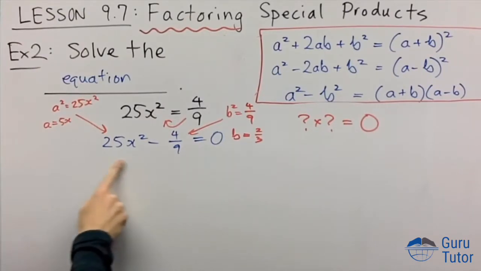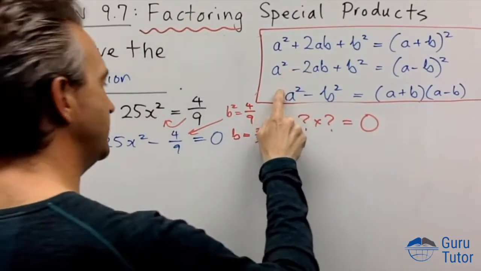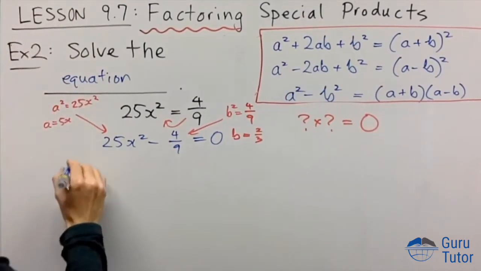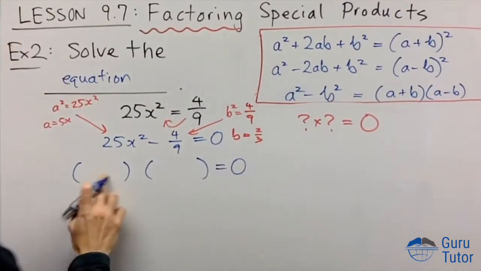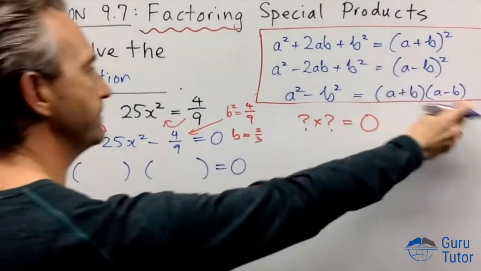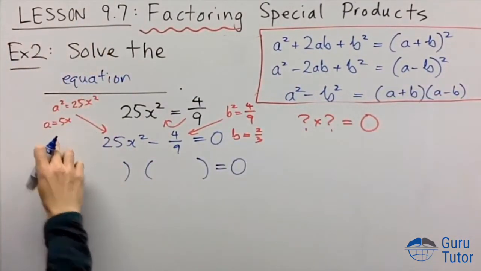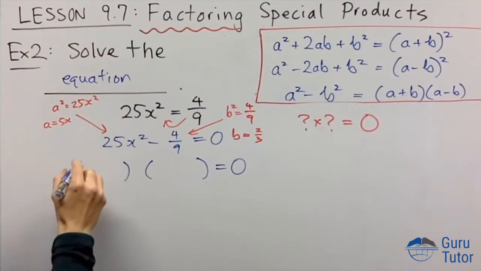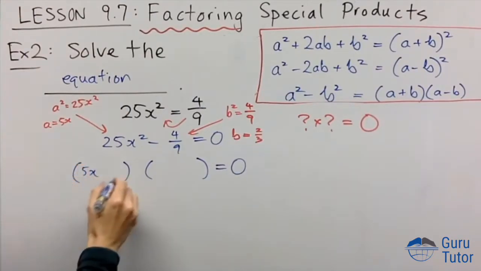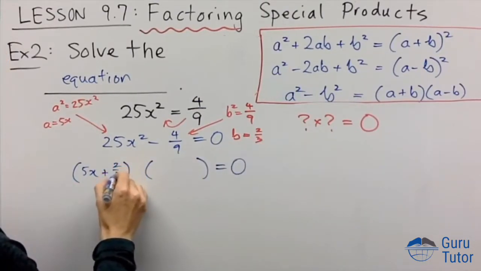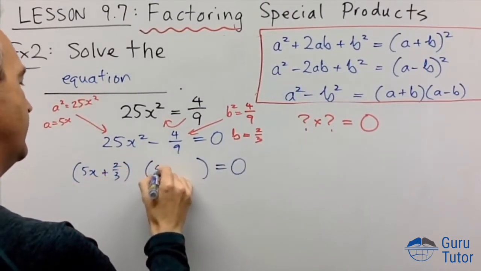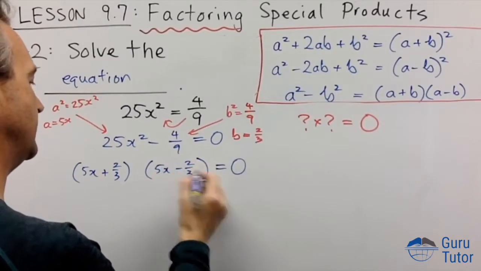We said that looks like this one, doesn't it? So this is going to factor to a plus b times a minus b. A is 5x, so 5x plus 2/3 times 5x minus 2/3 equals 0.